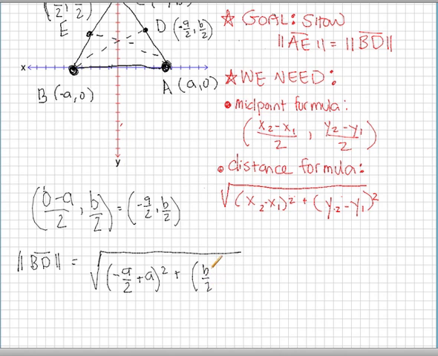So just b over 2 squared. When we simplify this, we'll get the square root of: a minus a over 2 is just a over 2. If we square that, we get a squared over 4. And when we square this, of course, we get b squared over 4.